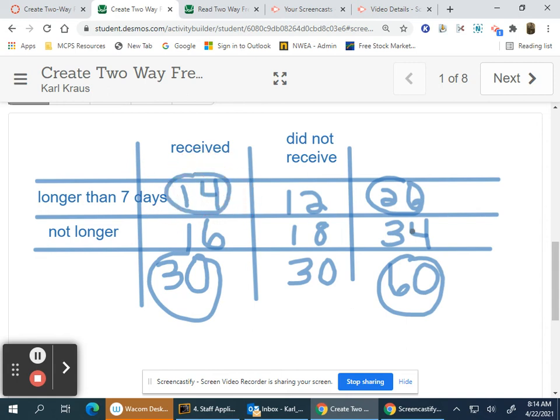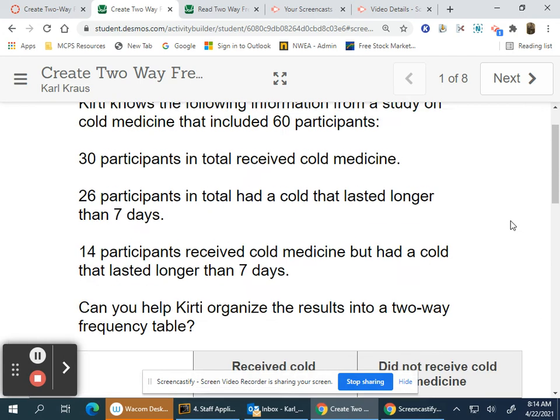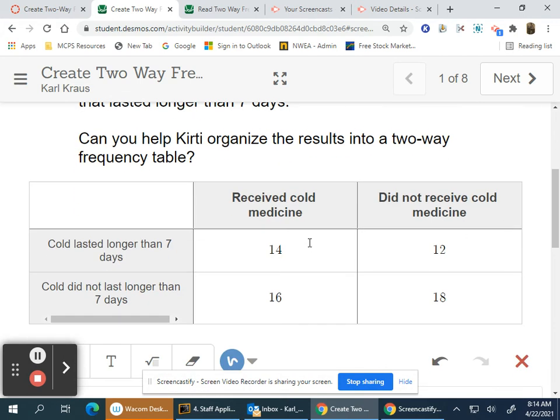So after I looked at all the given information, I just used addition and subtraction to find the other numbers. So it should be 14, 12, 16, and 18.